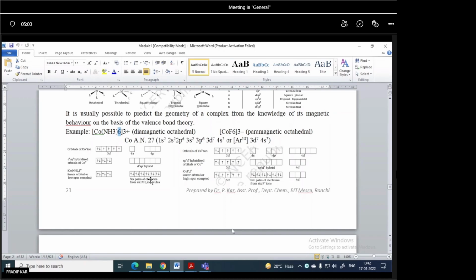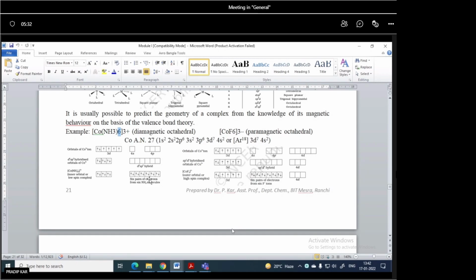Here we can verify also from its magnetic property. And as we have mentioned, the magnetic property is very helpful to predict the structure or to verify the structure. Here you can see it is diamagnetic. Diamagnetic means it is not interacting with the magnet. It is not influenced by the magnetic field.